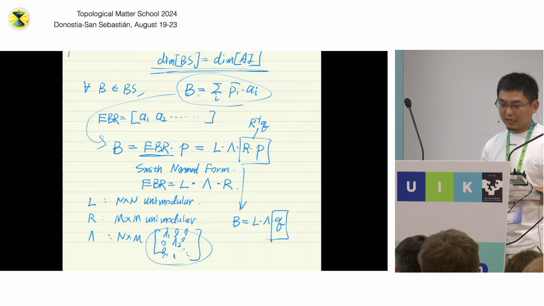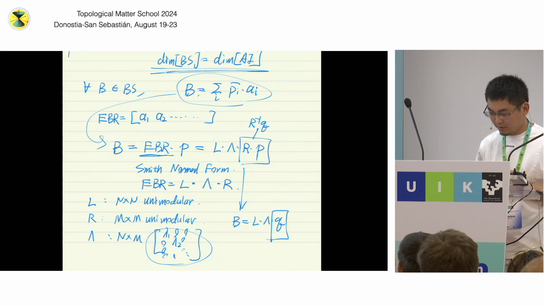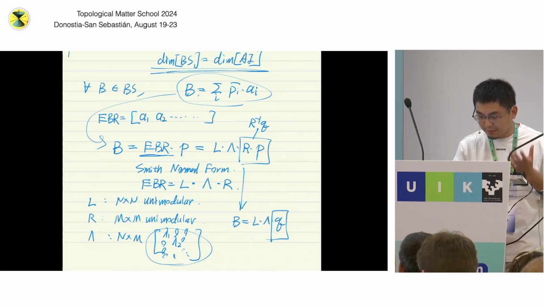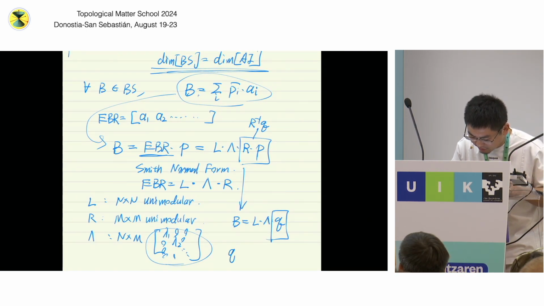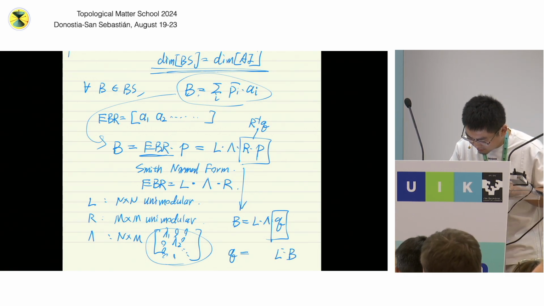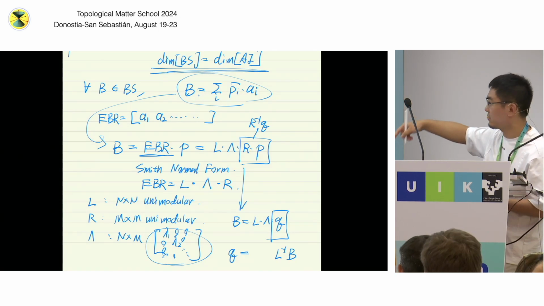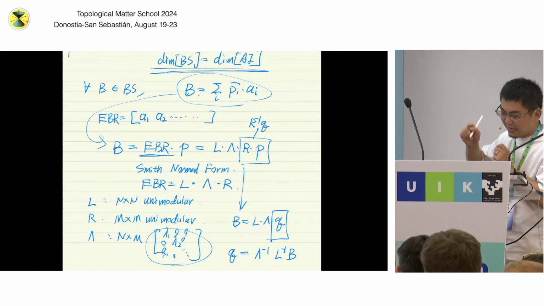So let's consider if all these diagonal elements are just either 1 or 0, then that means we can always find a solution for Q, right? Because if this lambda is all integers, then we can simply solve Q as this. L to the -1 is still an integer valued matrix because L is unimodular, and lambda to the minus 1.